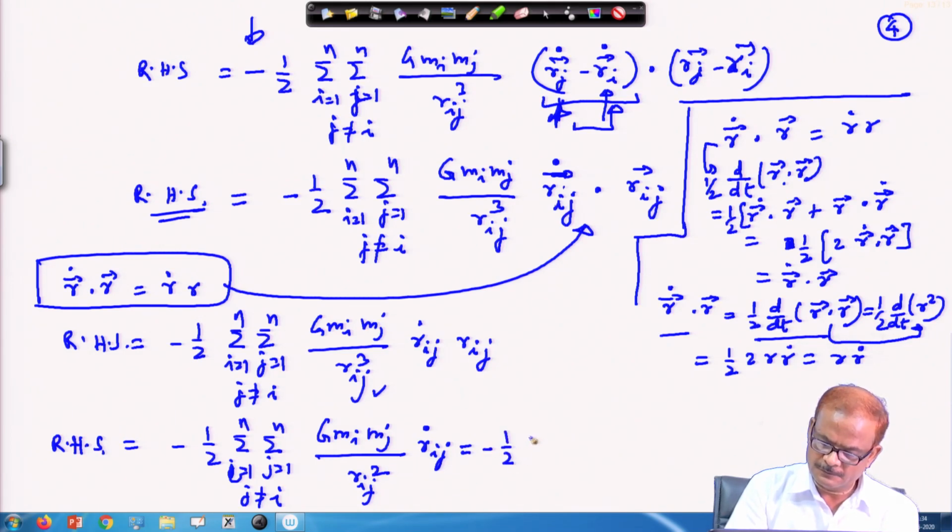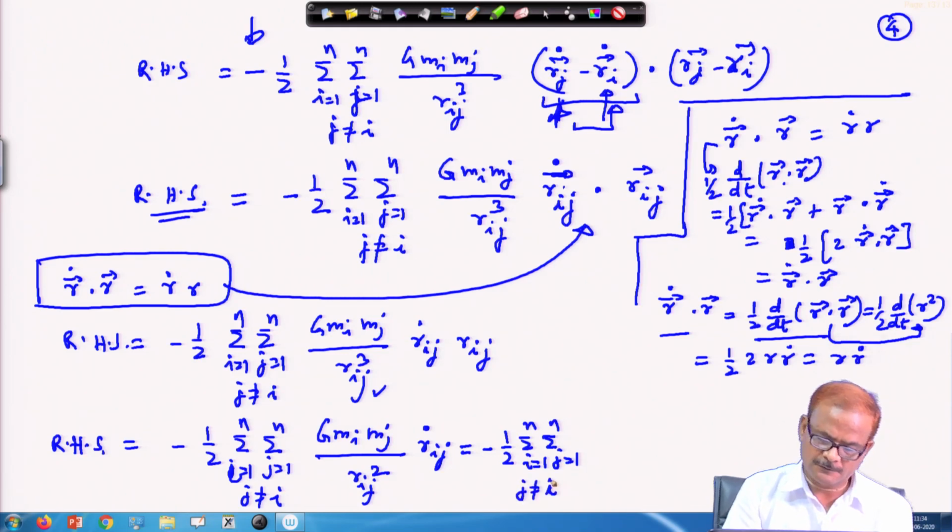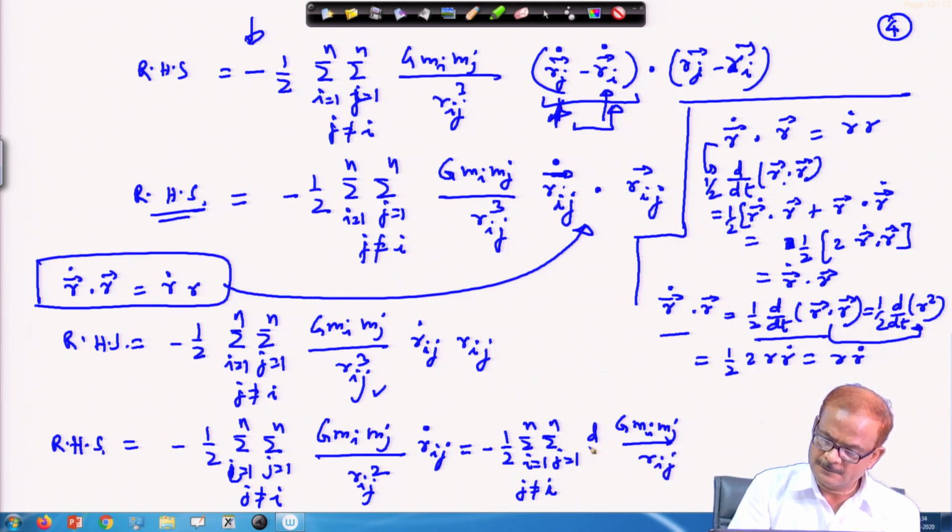1 by 2, summation i equal to 1 to n, summation j equal to 1 to n, j not equal to i, and the quantity here we can write as G m i m j divided by r i j, d by dt.